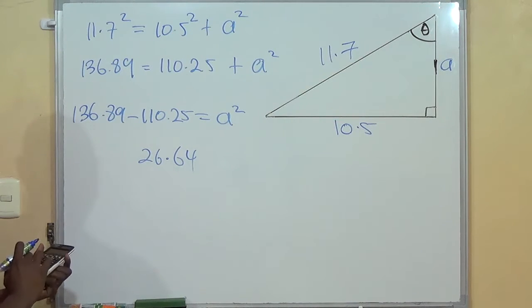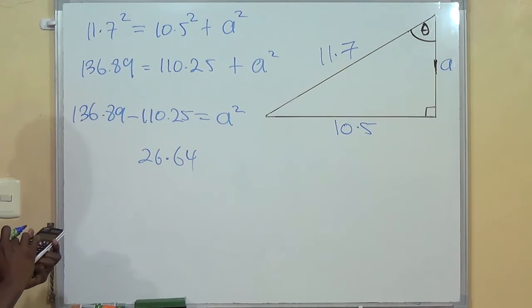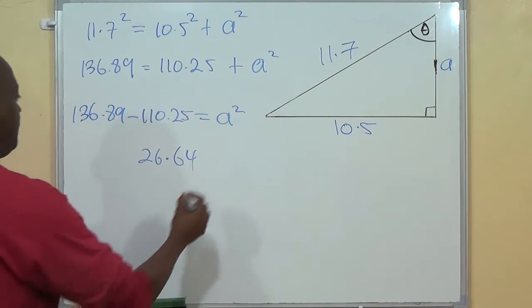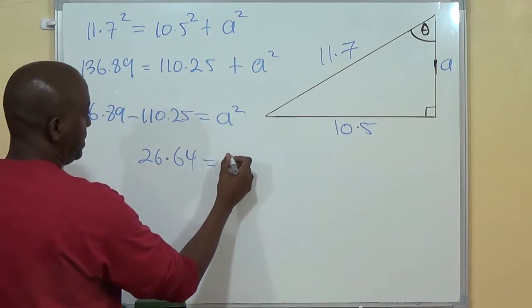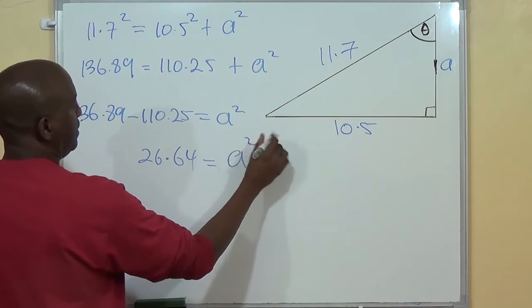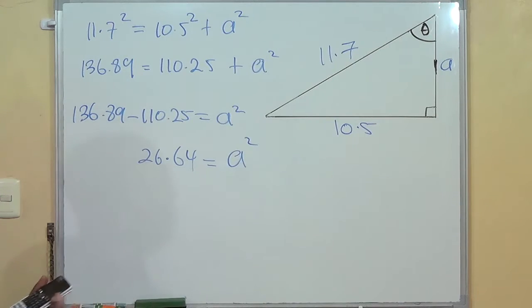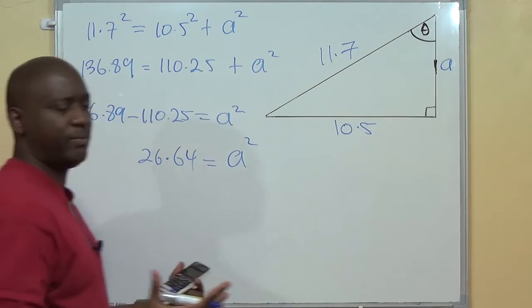All right, hold on. Let me see. 136.89 minus 110.25 is equal to, yeah, 26.64. The reason why I seem to be doubting myself there is because in the two previous workings we had 5.2, which squared is 27.04.